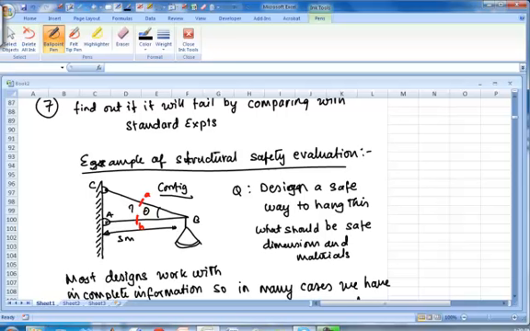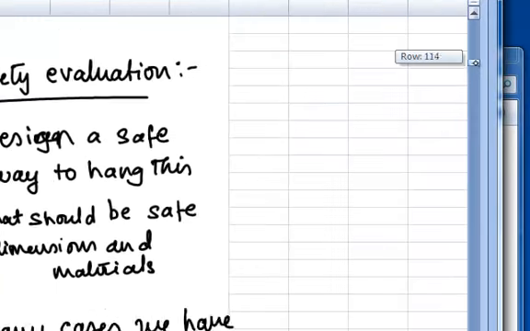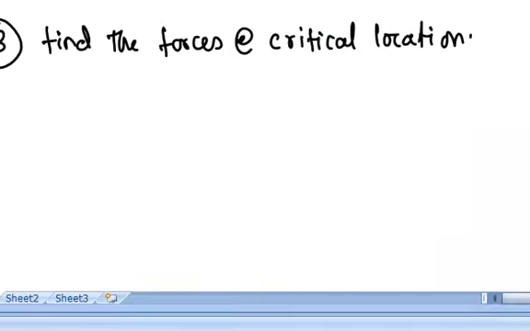All the joints are pin joints, that's what we have assumed, and the loads are applied only at the pin joints. So you are guaranteed that it's a truss. Since it's a truss, I am going to use the method of sections. I'm going to draw the free body diagram of this and carry out the force analysis here.